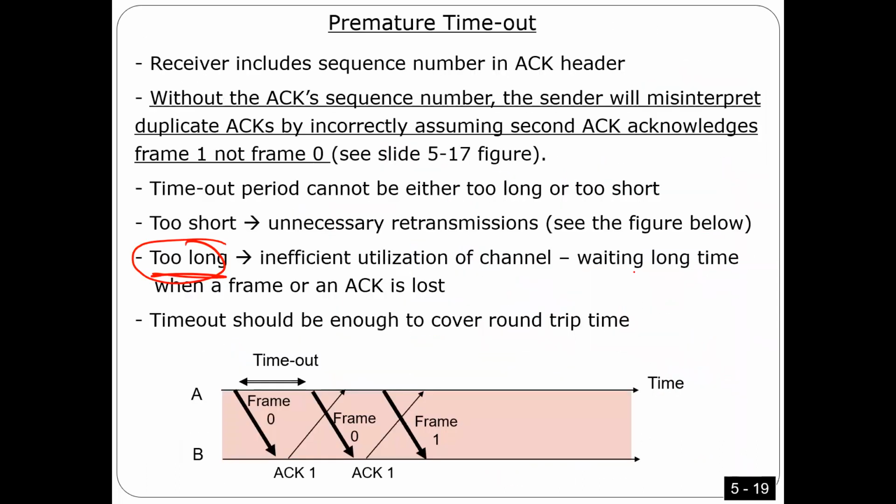Okay, so why don't I make it short? If you look at this figure, you will understand why it shouldn't be too short. It shouldn't be too long, and it shouldn't be too short. As you see here, if it is too short, what's going to happen is that a frame is transmitted and the acknowledgement was already sent.